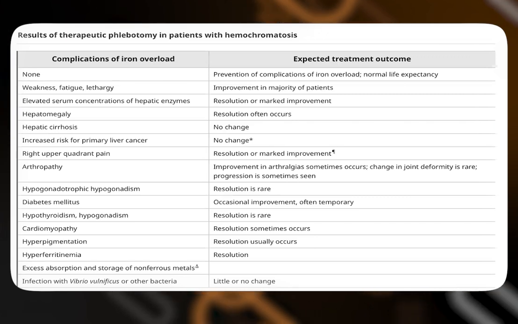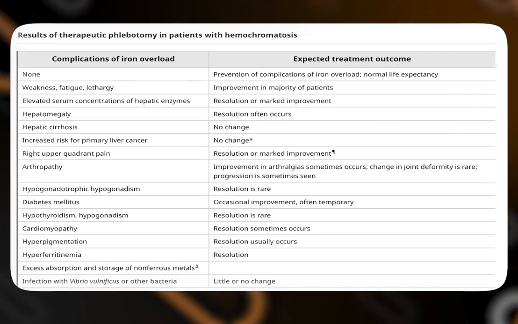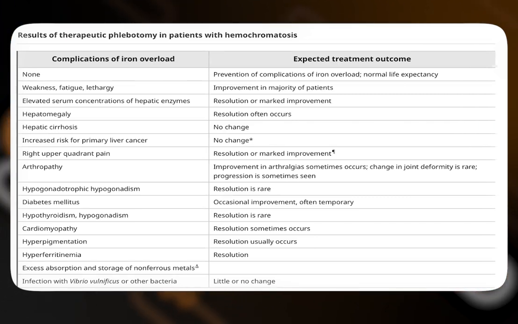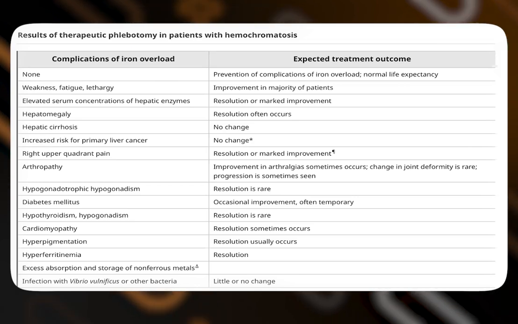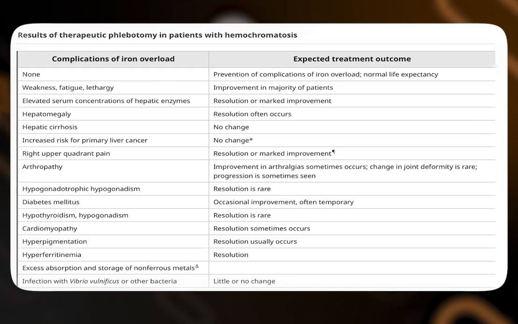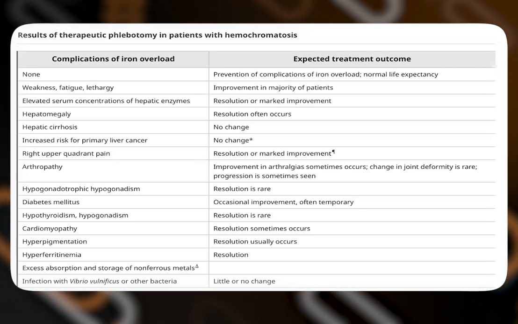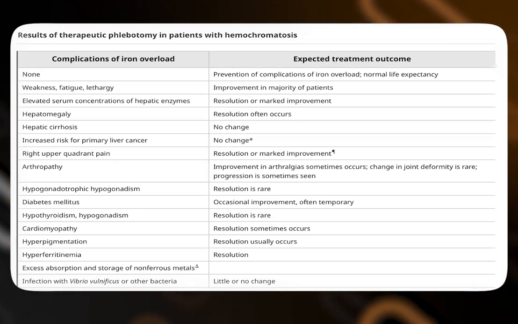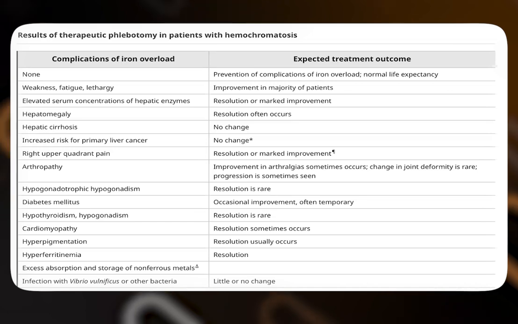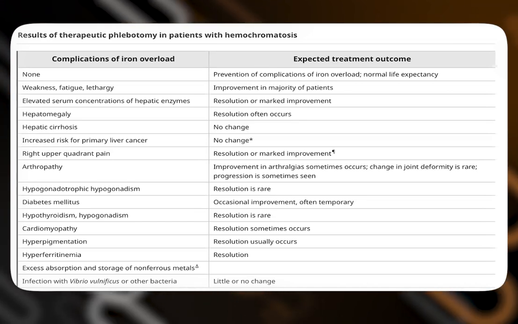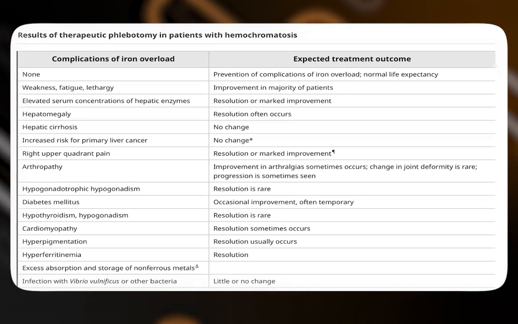As I discussed earlier, this is the list of conditions where phlebotomy helps, and in some organ damage phlebotomy doesn't help. If the patient has no complications, everything can be prevented and he can have a normal life expectancy. The majority of symptoms like weakness and fatigue improve after starting phlebotomy.